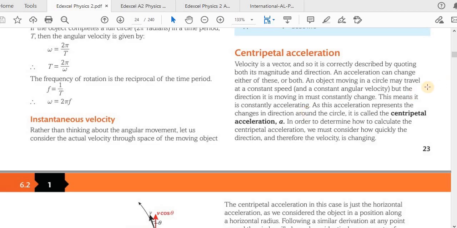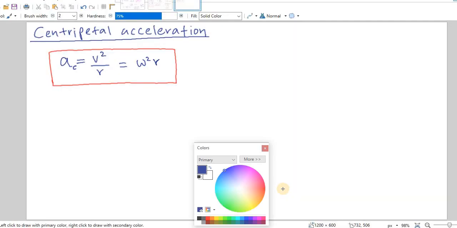Okay, so it's moving at a constant speed in a circular path, so it will have a constant acceleration, which is what we call the centripetal acceleration, and this centripetal acceleration is directed towards the center of the circular path in which the object is moving. So if I draw a circular path like this, and let's say the object is here, and it's moving that way.